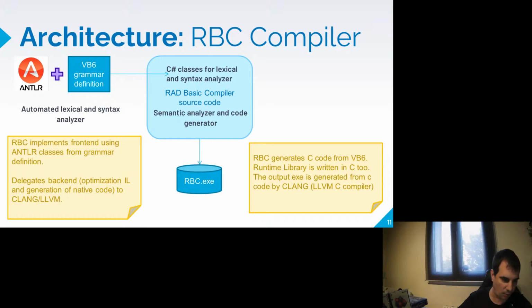When you are working with the code, it is interpreted by the virtual machine of Visual Basic, but when you select native code in the IDE, Visual Basic 6 generates intermediate code from your user code, and delegates the optimization and generation of native code to the C compiler present in Visual Studio.